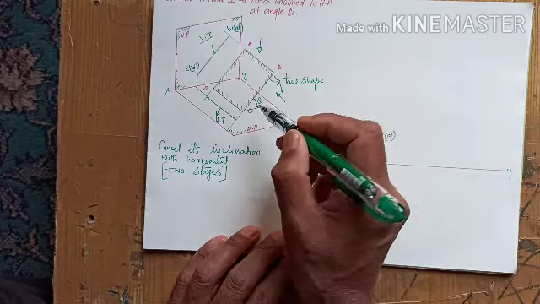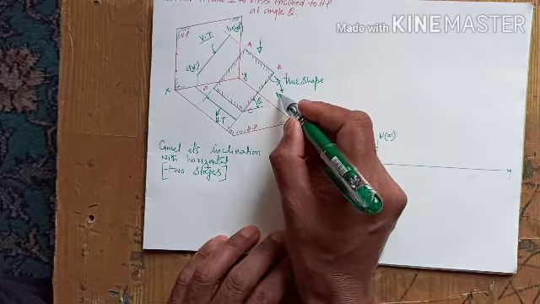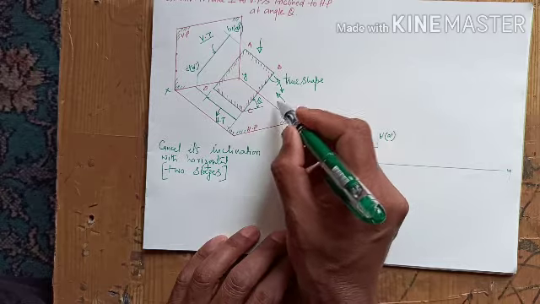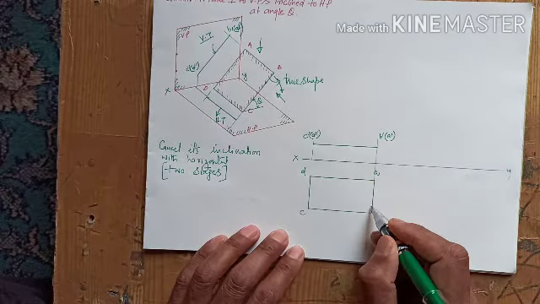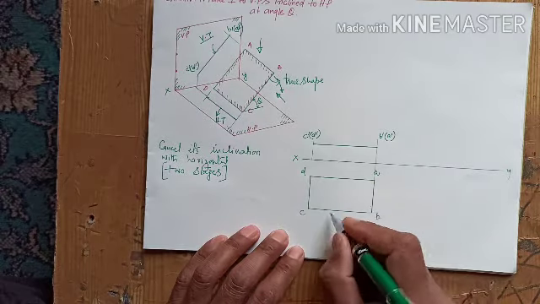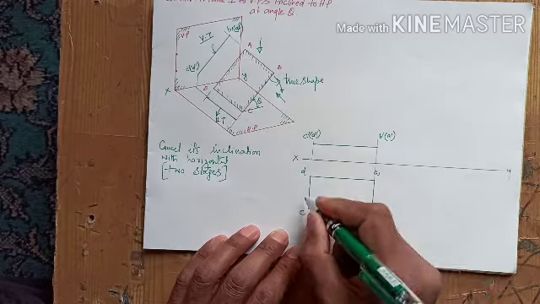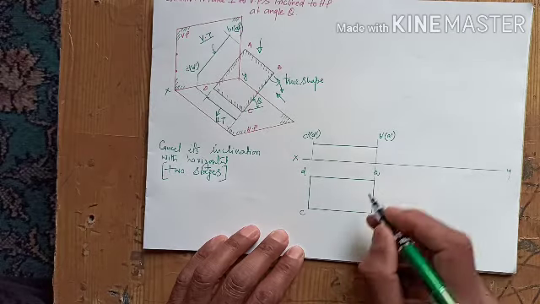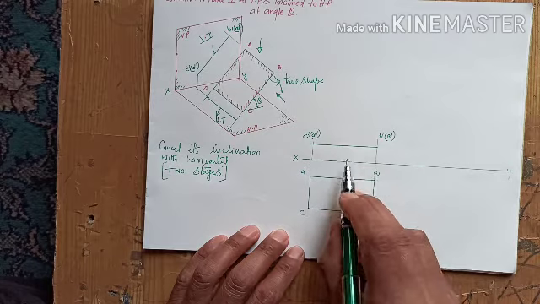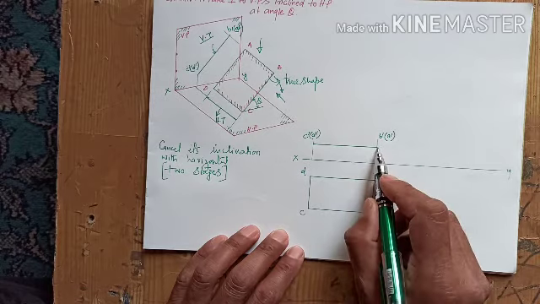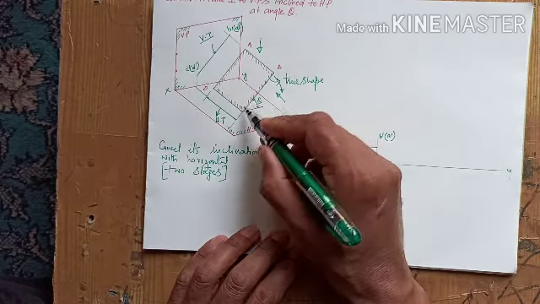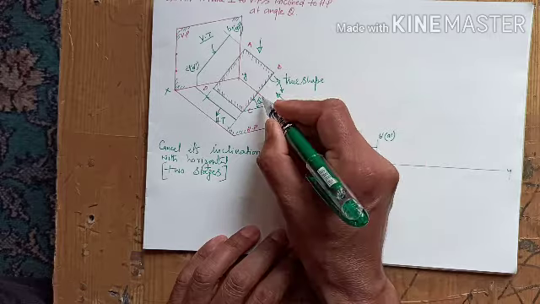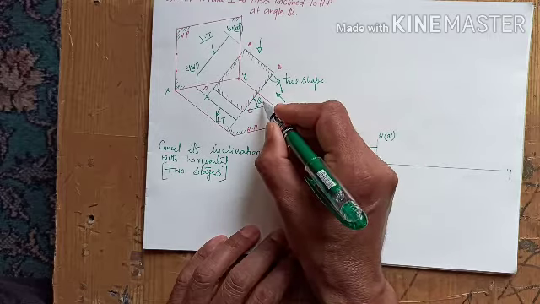To make it true, we have to cancel its inclination. In this case, it was with the horizontal. So we have cancelled its inclination. Now this rectangle can be seen as true in the top view, and in the front view we can see only a line. Now, you see this line is inclined.